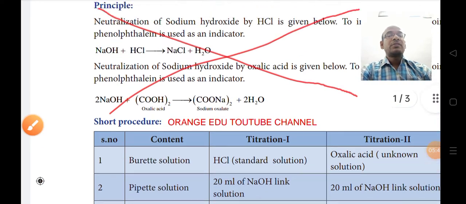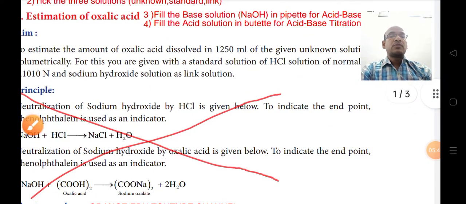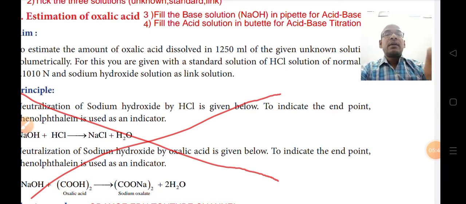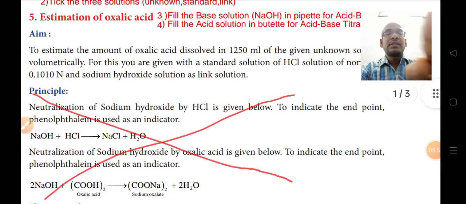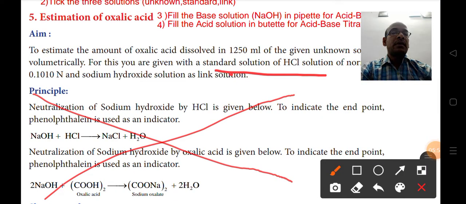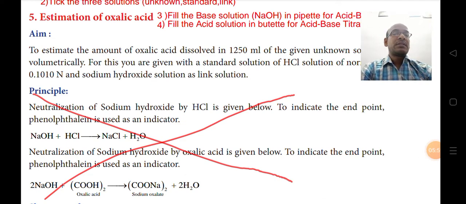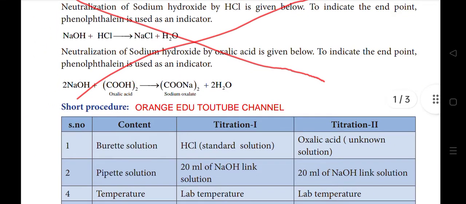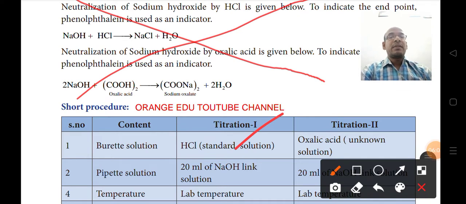Of the remaining two solutions, the standard HCl, hydrochloric acid, is an acid, therefore that hydrochloric acid is taken in the titration 1 burette. The remaining only one solution, the unknown oxalic acid, is taken in the burette of titration 2.